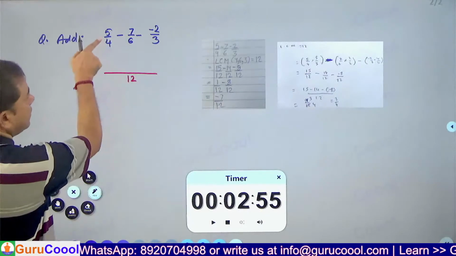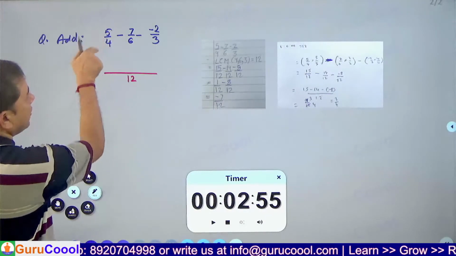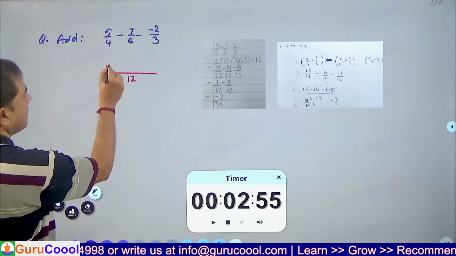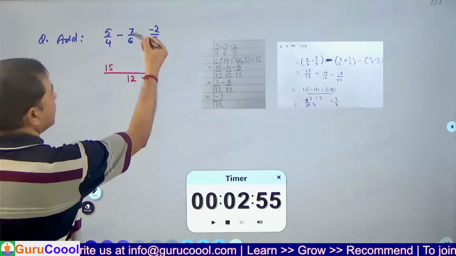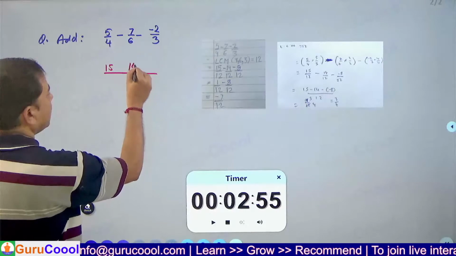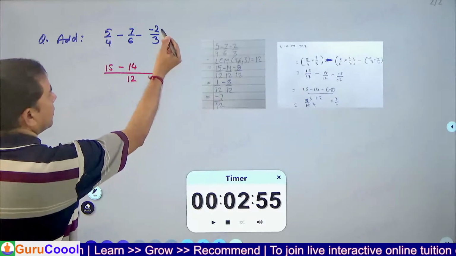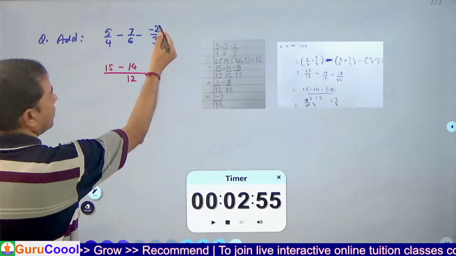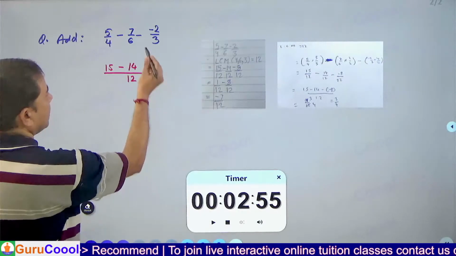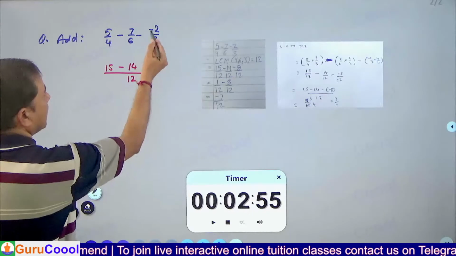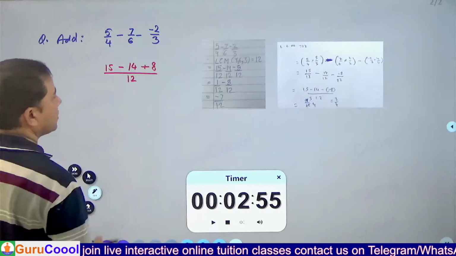So in the first one, we multiplied with what? 3. So 5 3s are 15. In the second one, we multiplied with 2. So 2 7s are 14. And there is a minus sign. And here we multiplied with what? 4. Because 4 3s are 12. So 4 2s are 8. And notice minus minus. There are two negative signs. They make plus together.